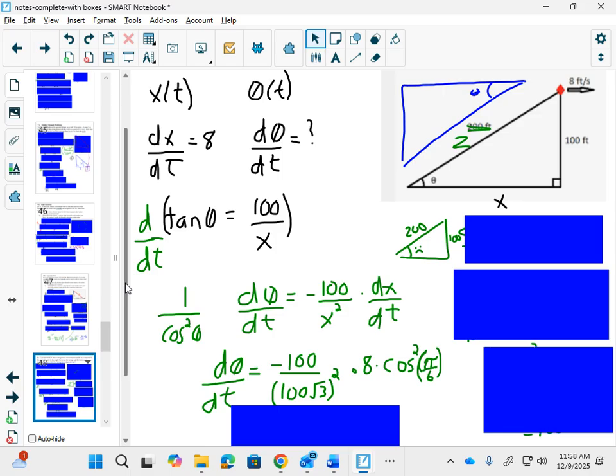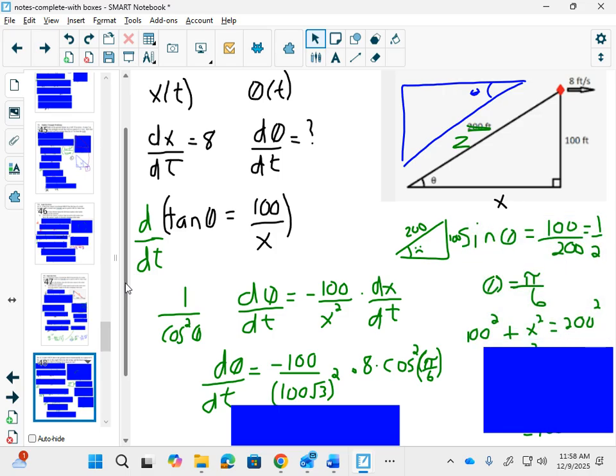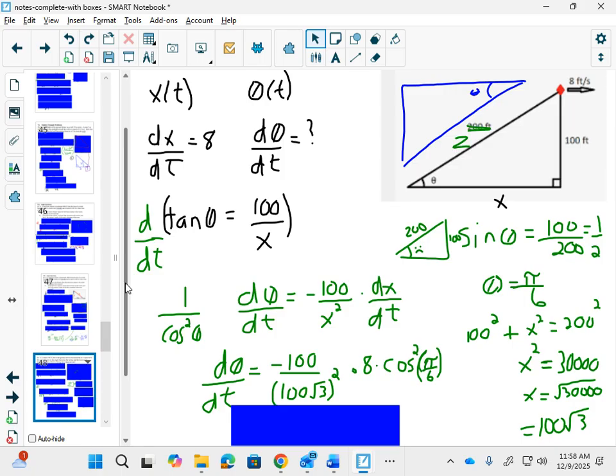And do you recognize that 1/2 for sine is your pi over 6 family? We also don't have x, so we can do a squared plus b squared equals c squared. To get our x value in our specific triangle is 100 root 3.